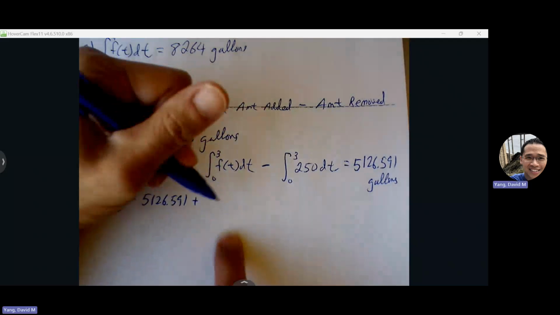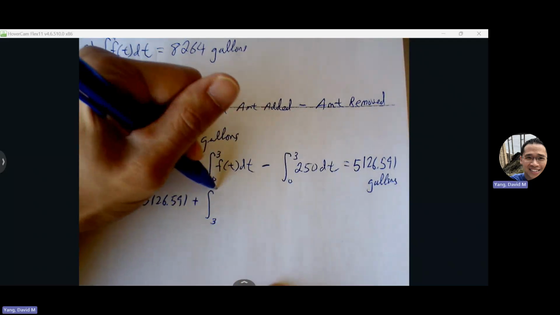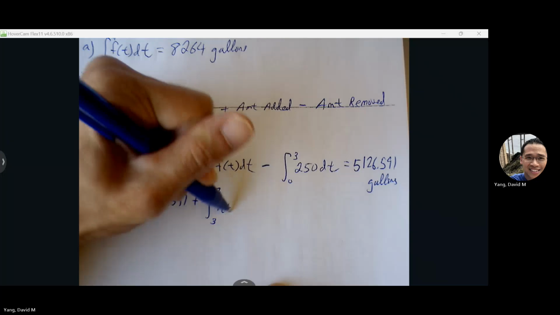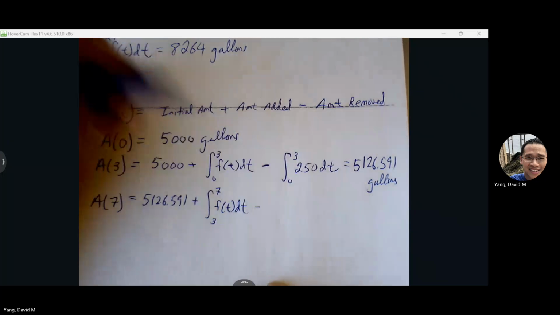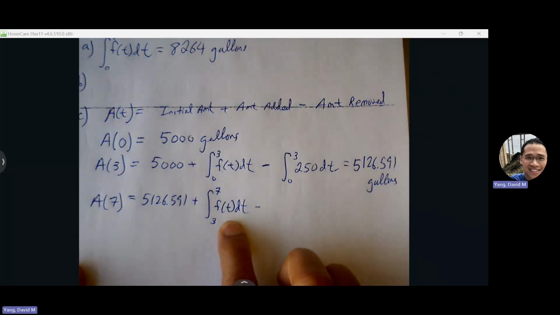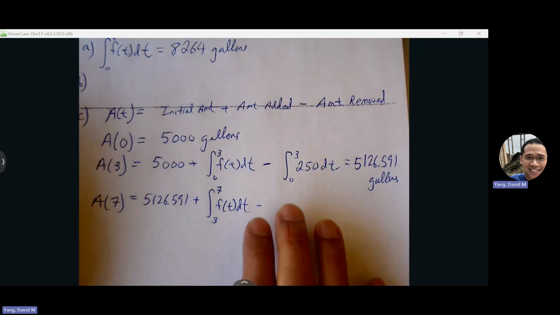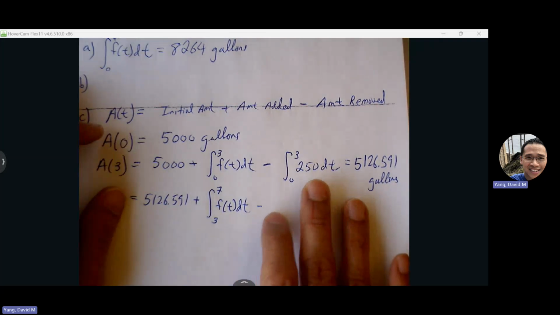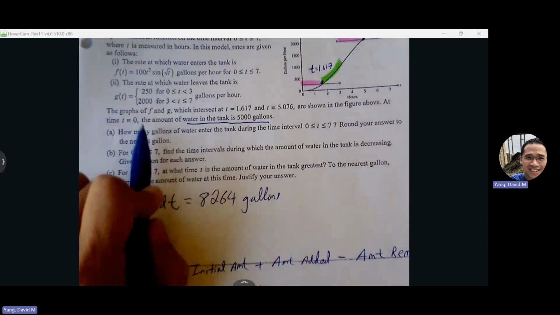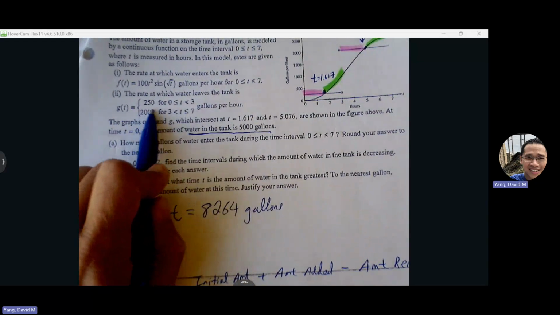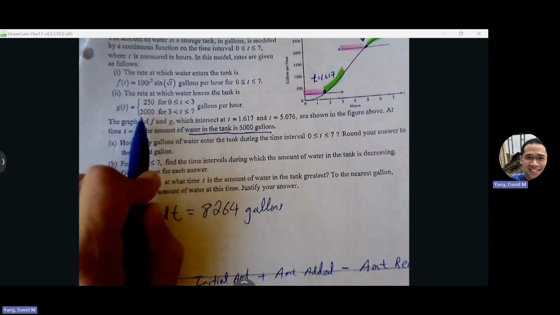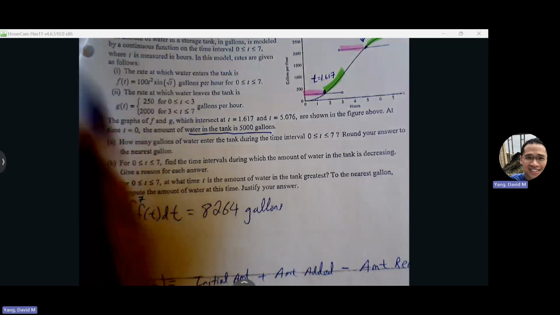And then from there, I can figure out how much has been added between hour 3 and hour 7, and then how much has been removed. It's good to split up between 0 to 3 and 3 to 7 because there's a different rate. We don't have to deal with that 250 anymore. We can move on to that rate of 2000.